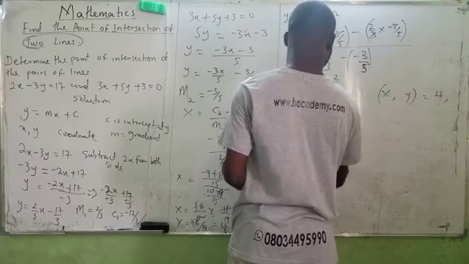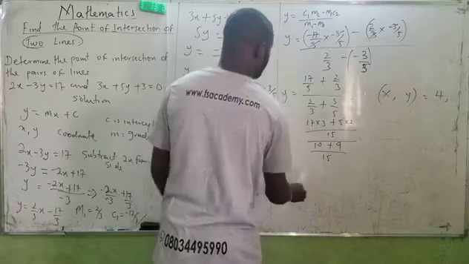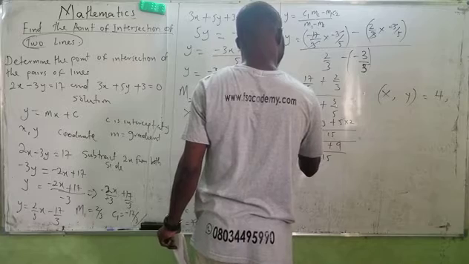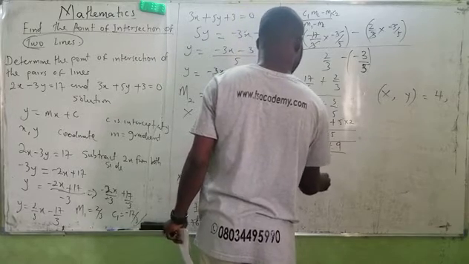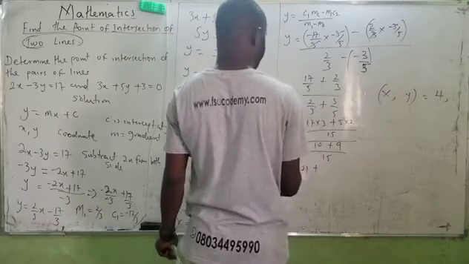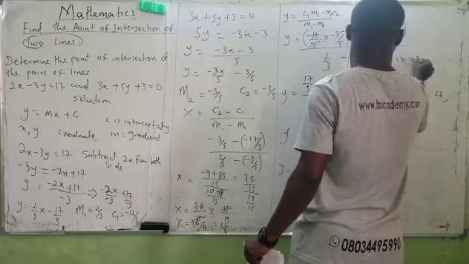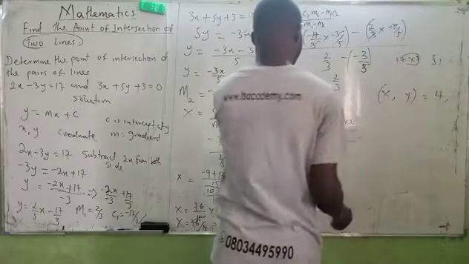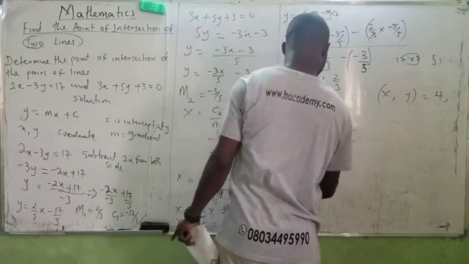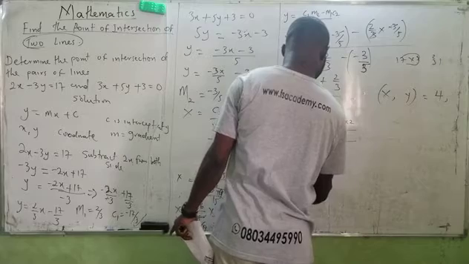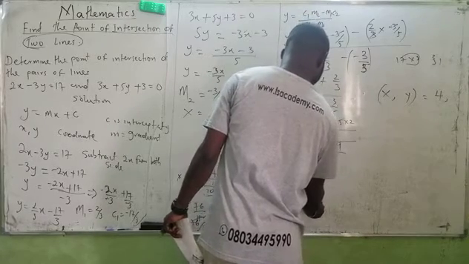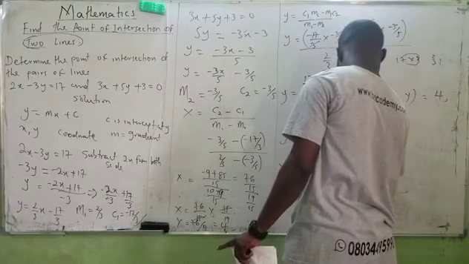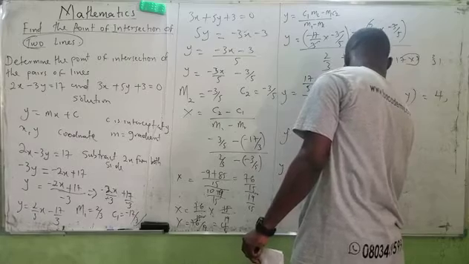Now, y will be equal to 17 times 3, that will be 51, plus 10, which implies 61 divided by 15, divided by 19 divided by 15.